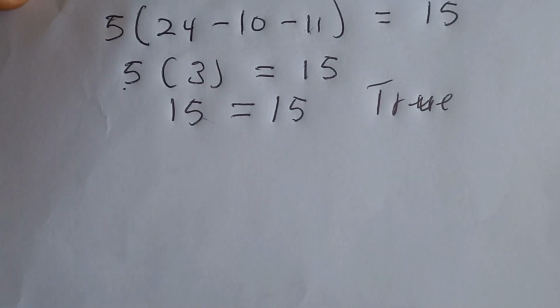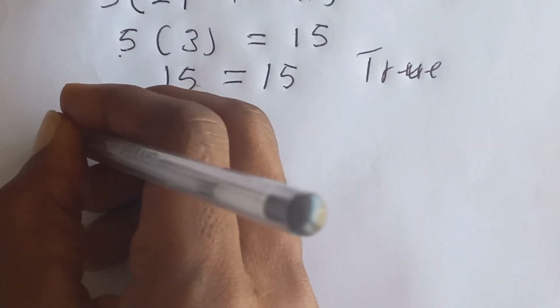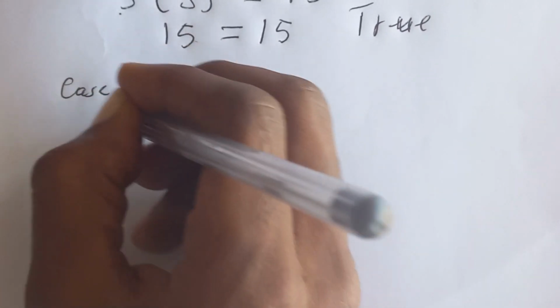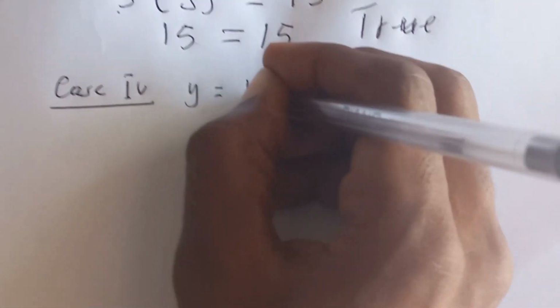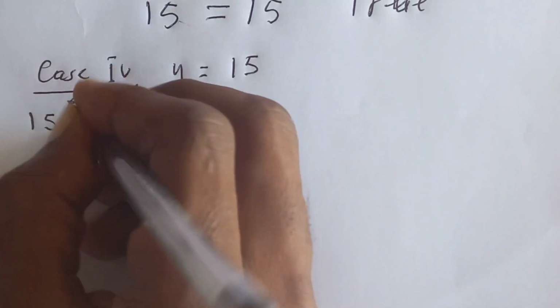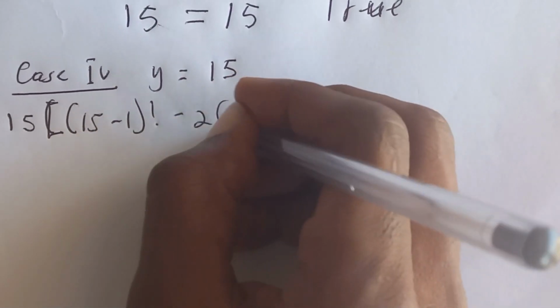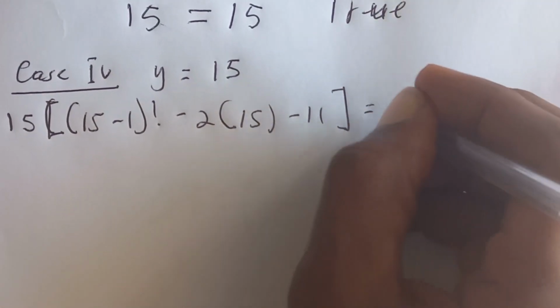Okay, let's try the last one, which is 15. So case 5, when y is equal to 15. We have 15 times (15 minus 1) factorial minus 2 times (15 minus 11). It should give us 15.